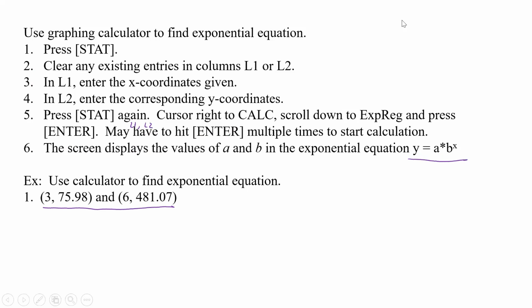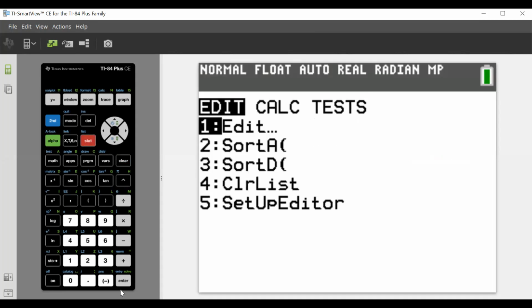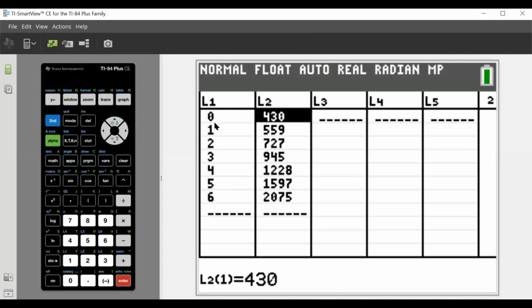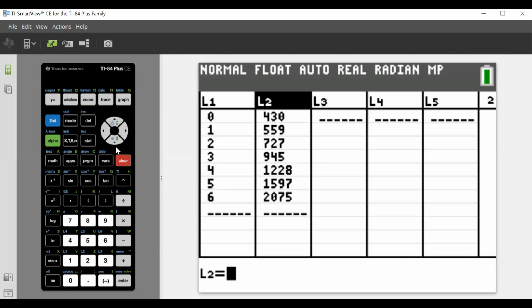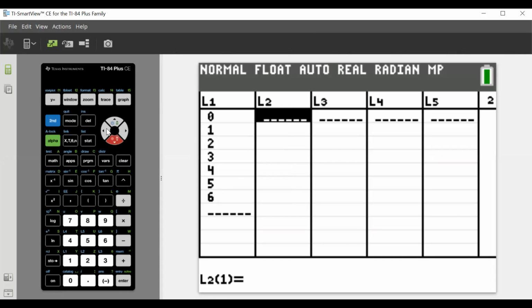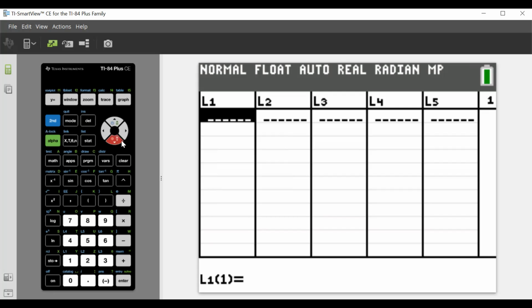Okay, so let's do this. We'll go over here to our calculator. Let's clear all that out. So now we're going to go to stat. We're going to edit. Now, if we have stuff in here, what we're going to do is arrow up, say clear, then arrow down, and it gets rid of all of them. So it makes it a lot easier to get rid of everything all at once.